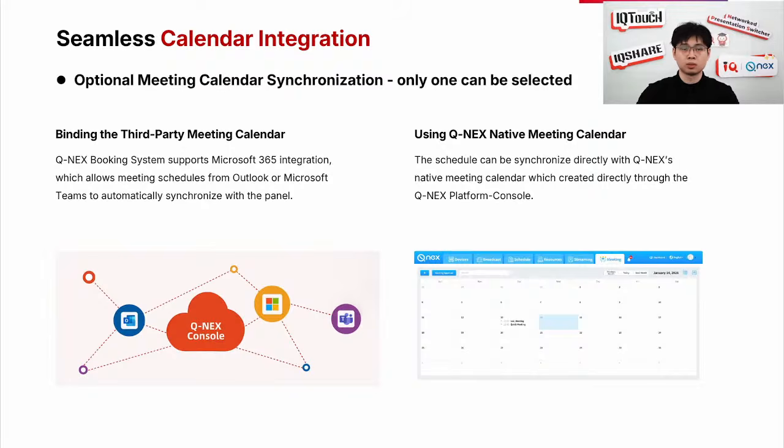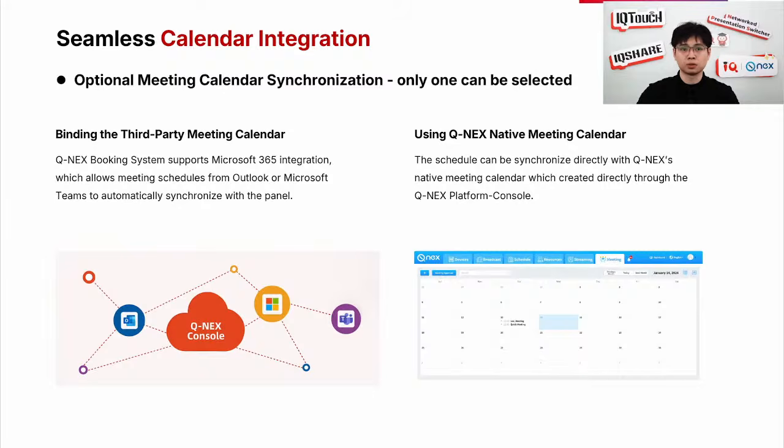The system supports Microsoft 365 integration, which allows meeting schedules from Outlook or Microsoft Teams to automatically synchronize to the panel. For organizations that already use Microsoft 365 for collaboration, this means employees can continue using the tools they are already familiar with. When a meeting room is booked or cancelled through Outlook or Teams, the information will automatically appear on the panel outside the room.